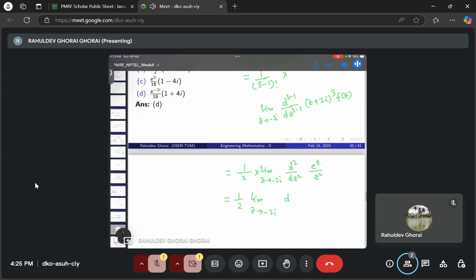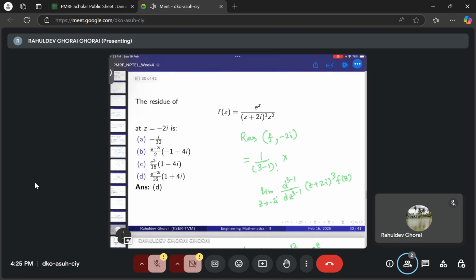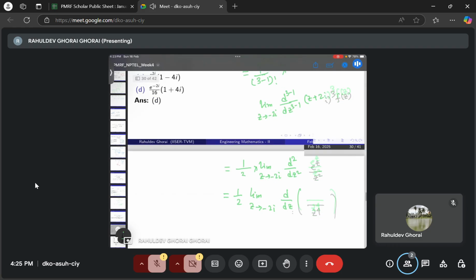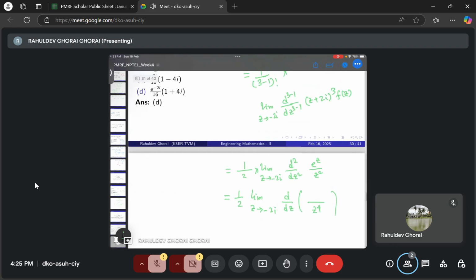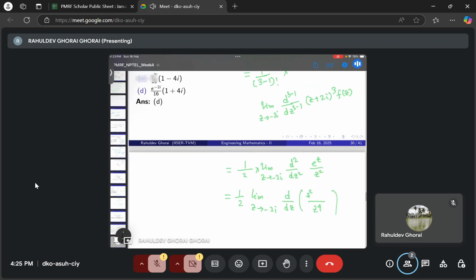First let's take the derivative of this. So what is d/dz of this? That will be 1 over z to the power 4, times z square e to the power z minus 2z e to the power z.